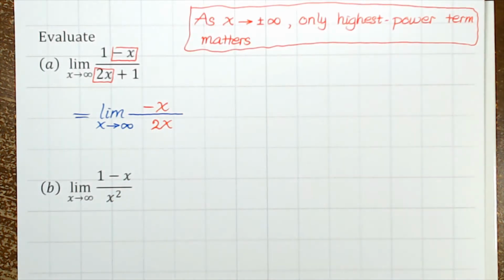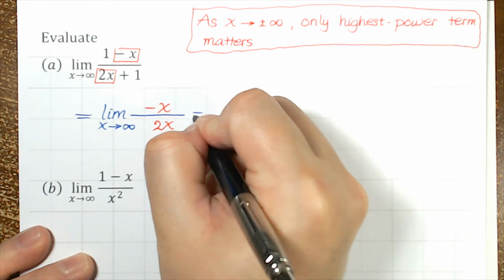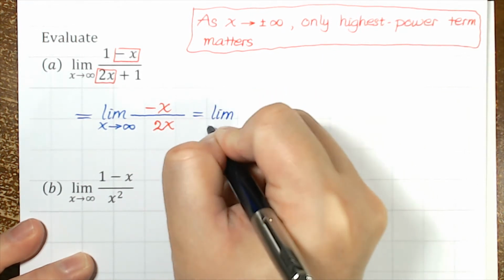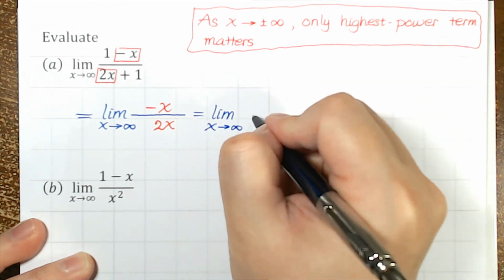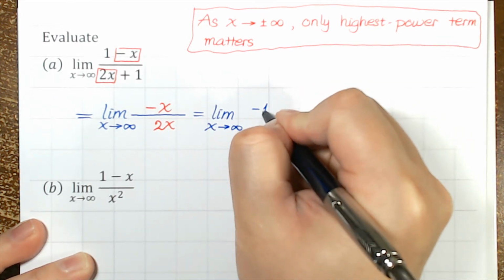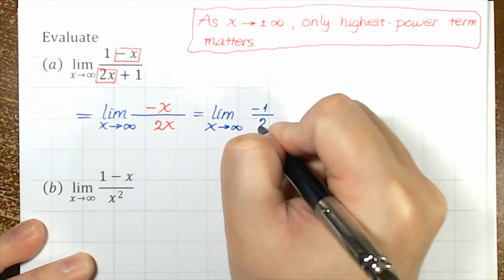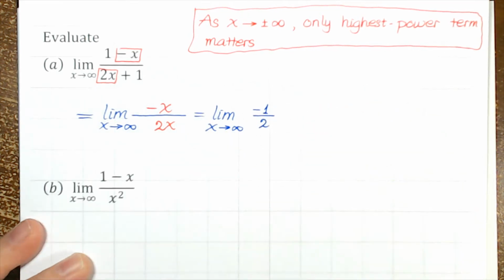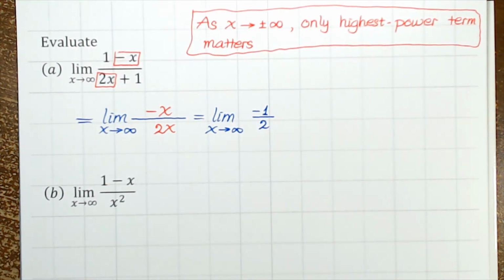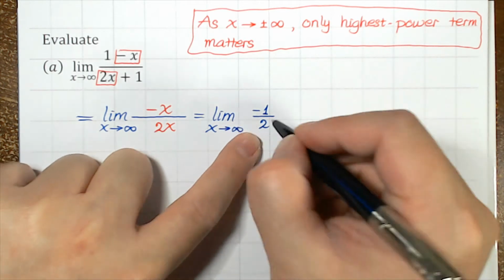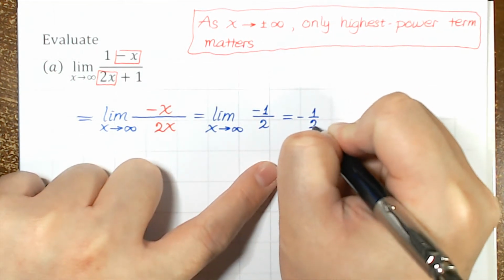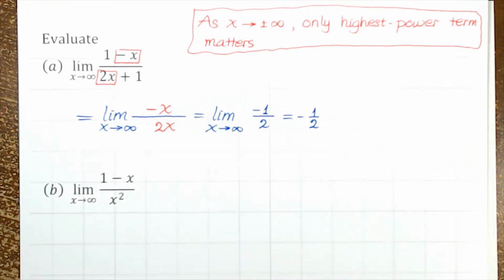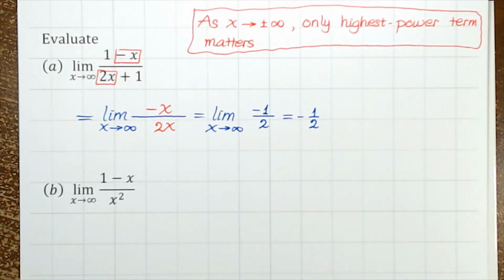The x cancels with the other x, so we have the limit when x goes to infinity of negative 1/2. Now there's no x to substitute in. Obviously, this is just negative 1/2. Right. So that's the first one.